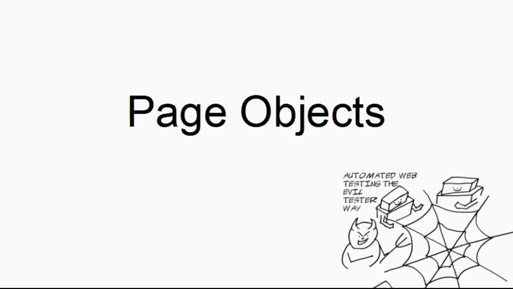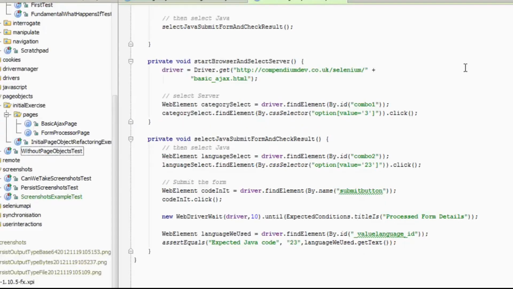We still need a higher level of abstraction so that we can model our pages. Otherwise, we end up doing what you've seen in the test, which is pretty much like this. Let's have a quick look. So we say things like driver.findElement, then click on it, then driver.findElement, then click on it, then wait until a certain thing happens, yada yada yada. This makes our tests very specific in terms of using WebDriver, and they're not specific in terms of our domain or our application.